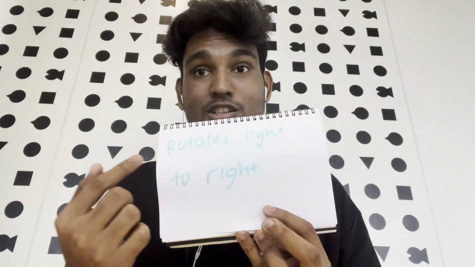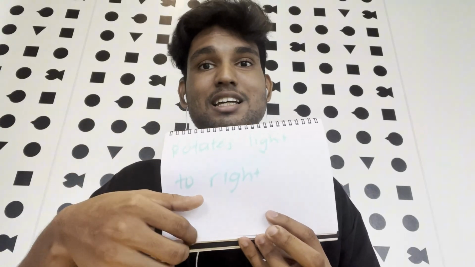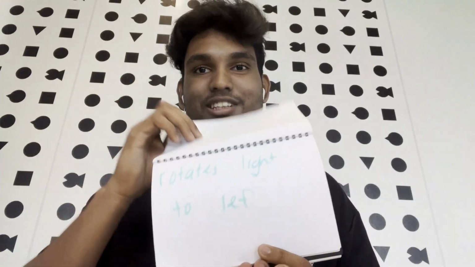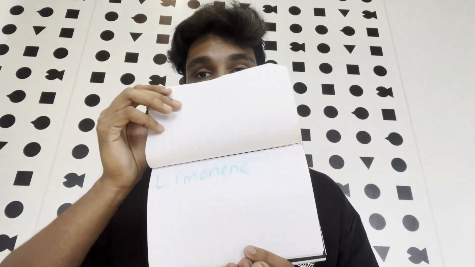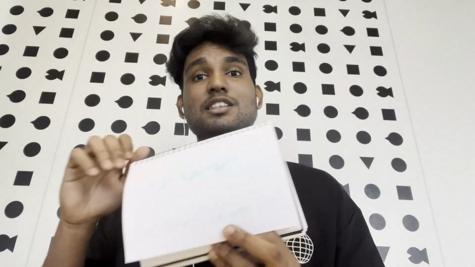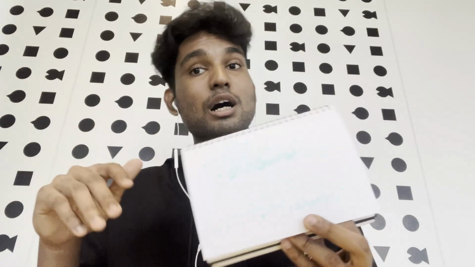One enantiomer rotates light to the right, and the other rotates light to the left. Real life examples are limonene, propranolol, and thalidomide. These examples show how important chirality is in medicine, smells, and biological activity.